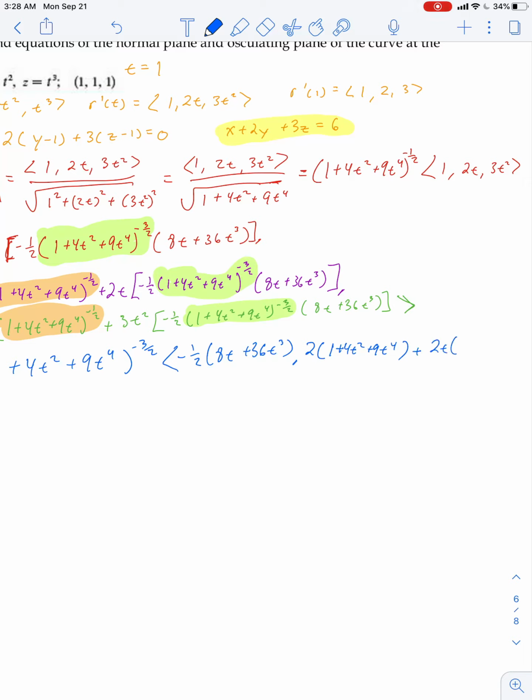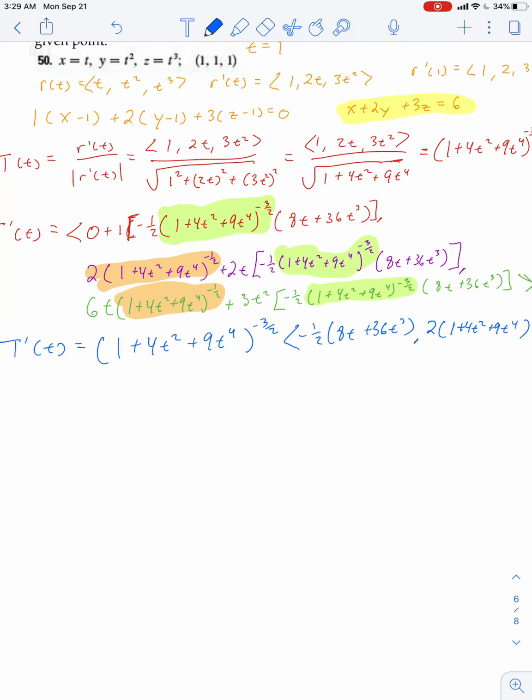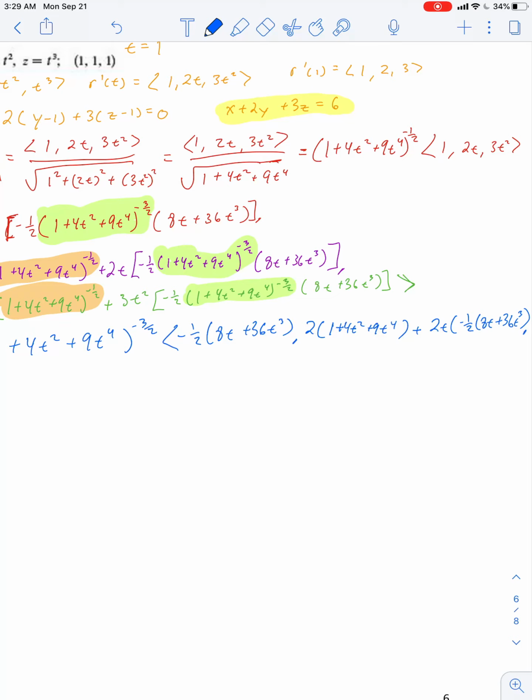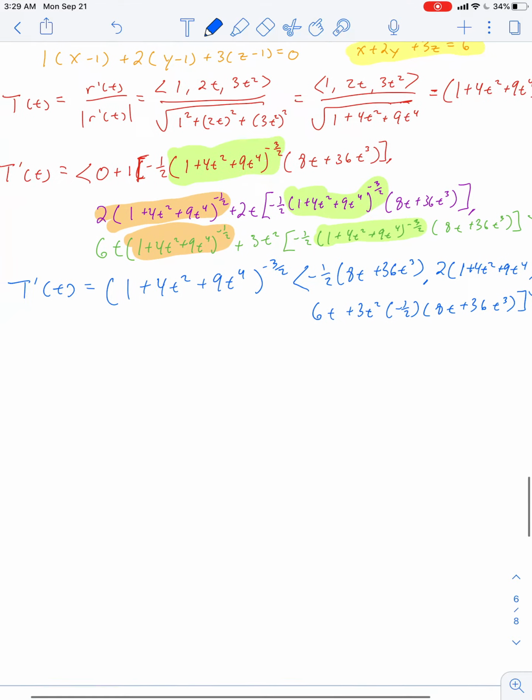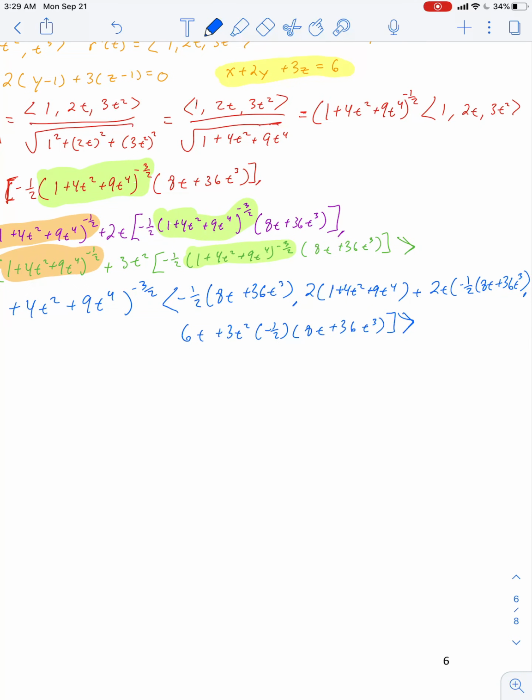Because I pulled out negative 3/2 and there's only a negative 1/2 there, I'm able to keep everything there. Then I have a plus 2t times negative 1/2 times (8t + 36t³). And then my last one, I have a 6t plus a 3t² times negative 1/2, and then (8t + 36t³).